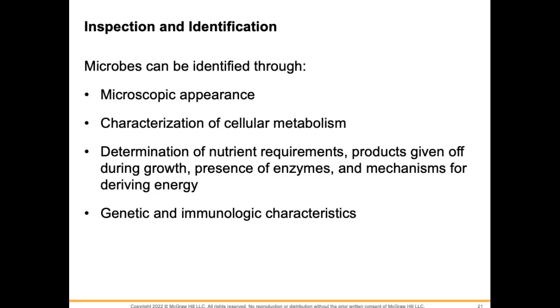If it's positive on this plate, negative on that plate, then we do tests A, B, and C. And if it's positive on test A, but negative on the other 2, then we might be able to derive a definitive identification based on that, or we might need to go further and test more. In addition, ways that we can identify microbes is through genetic and immunological characteristics through specific testing, as I mentioned before.